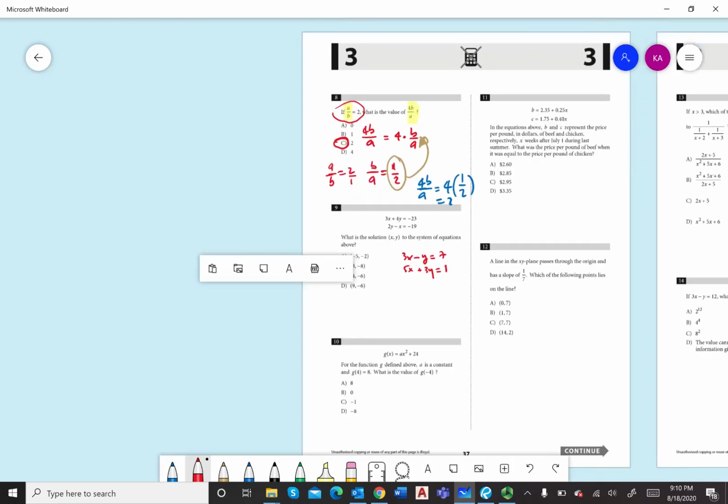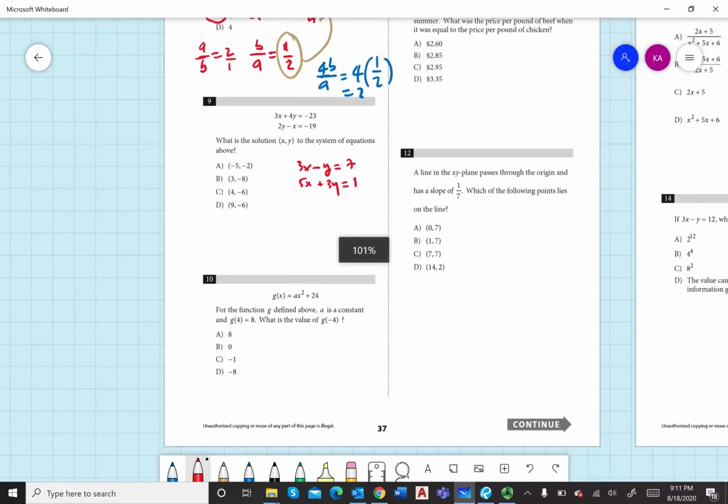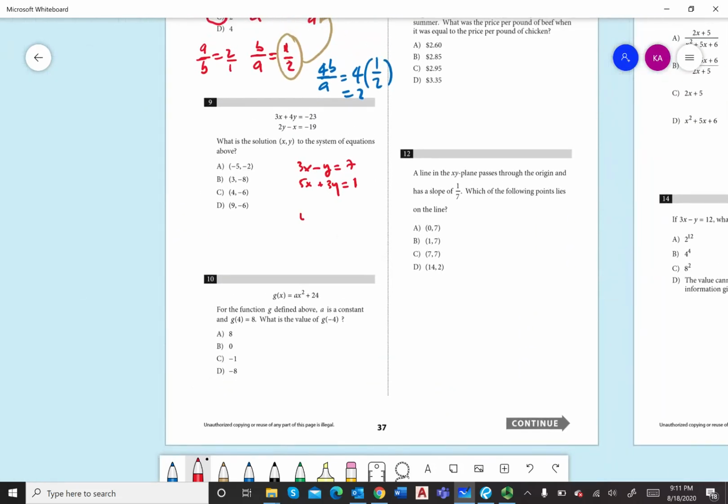Now, let's say instead of that, you have something like this where the first equation already has one variable in terms of the other. Okay, so you have something like this. This is your system.